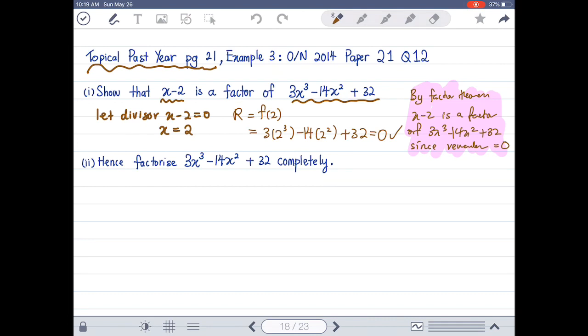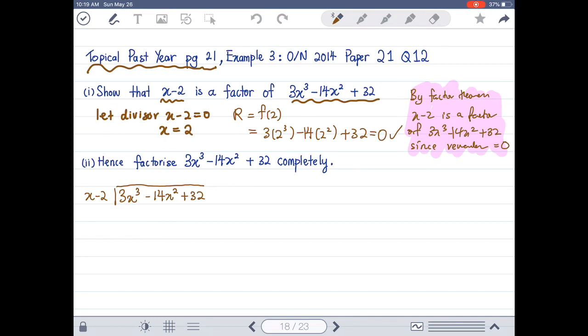Okay, next one. Hence, factorize 3x to the power of 3 minus 14x squared plus 32 completely. So what you need to do here is long division. So we just do the long division. We have 3x to the power of 3 minus 14x squared plus 32 divided by x minus 2.